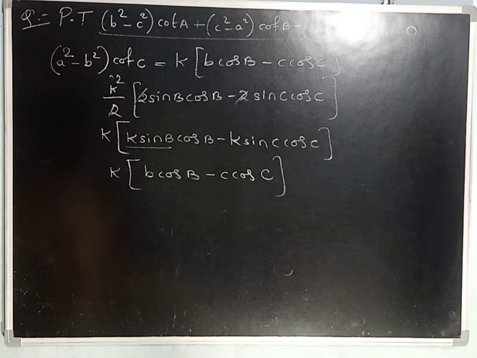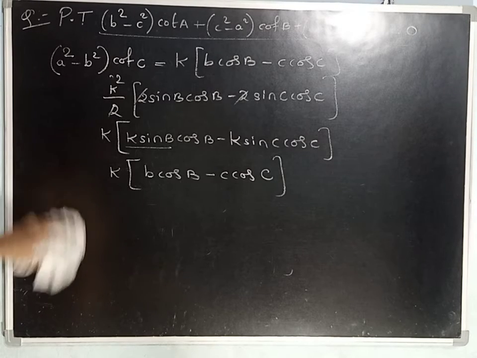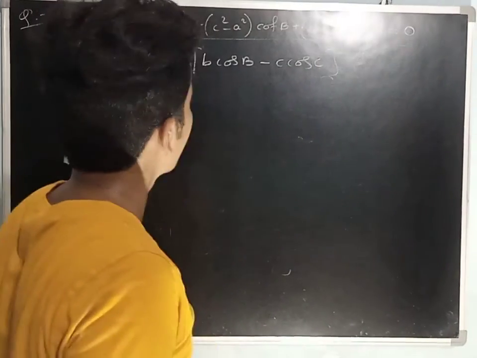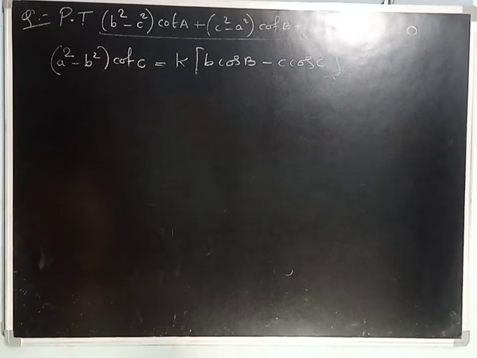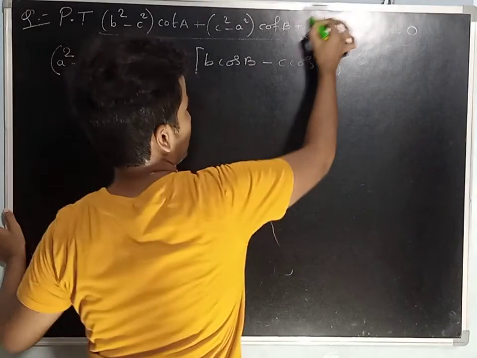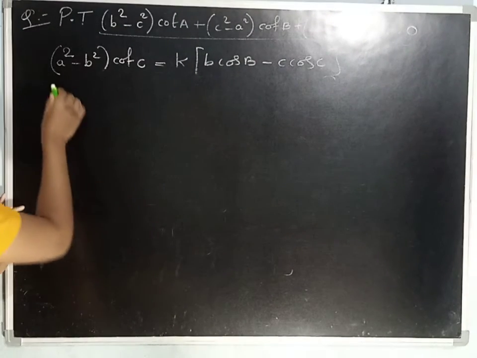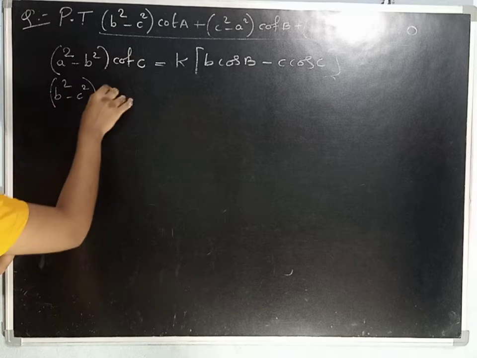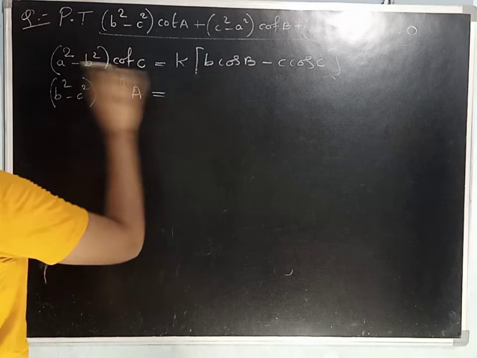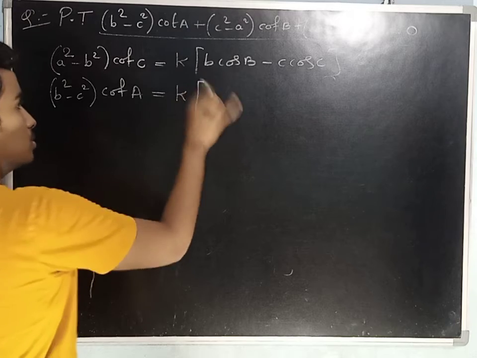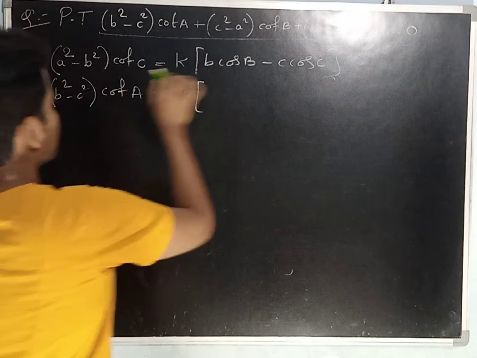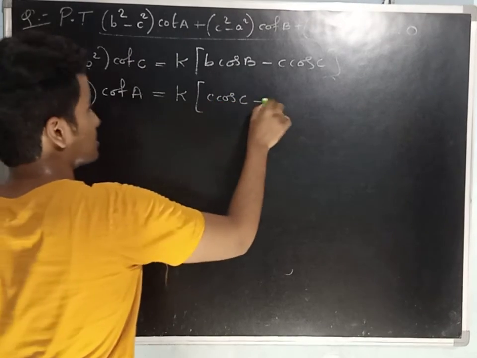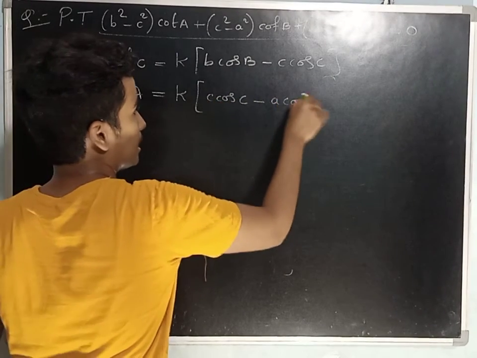Let me erase this part. In a similar manner, first I have taken this part. Then when I take b square minus c square into cot a, it's going to be k into c cos c minus a cos a.